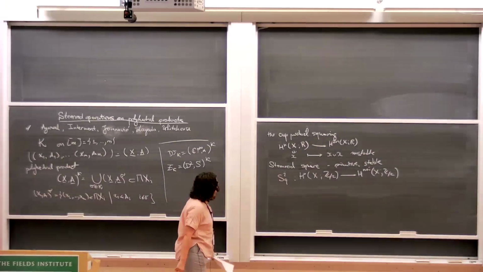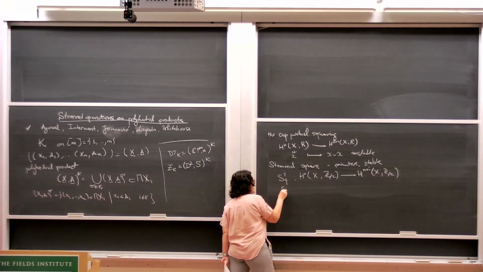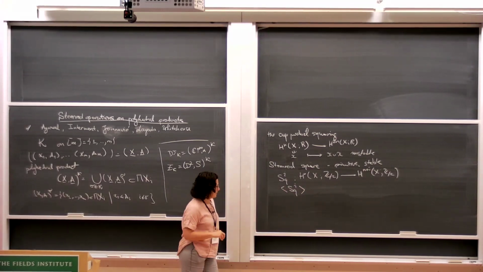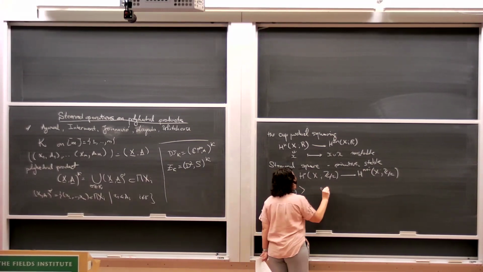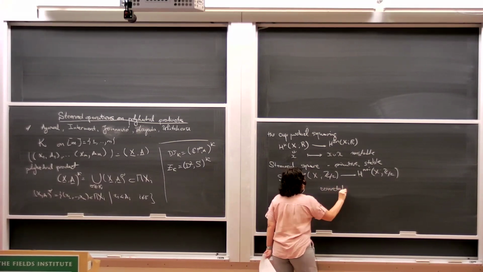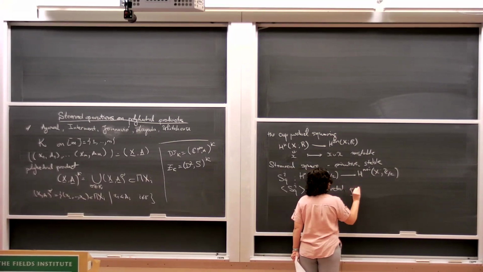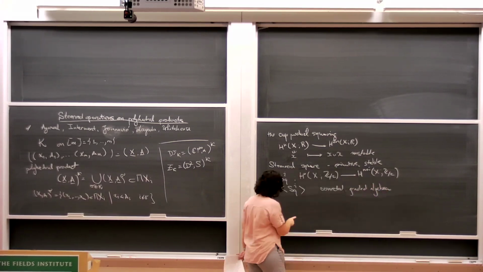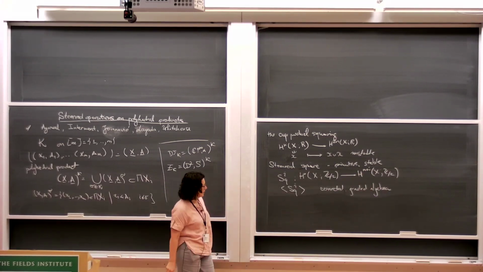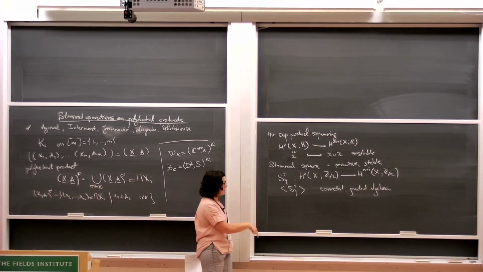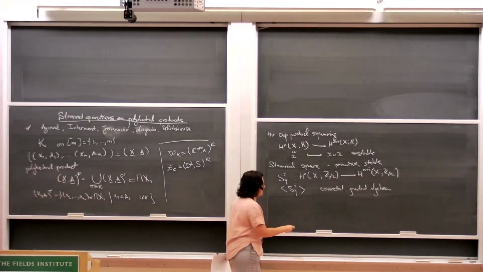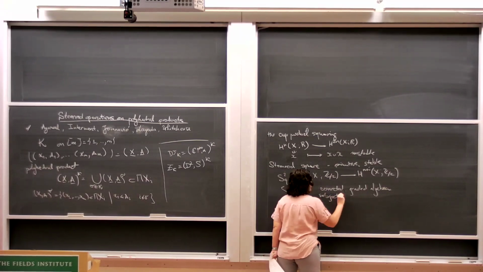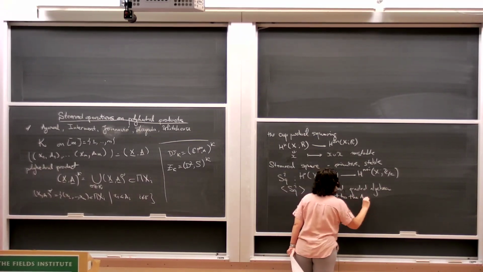So what you can see is that these squares generate a connected graded algebra, where these Sq^i, the ith operation, are generators, but this algebra is subject to the Adem relations.